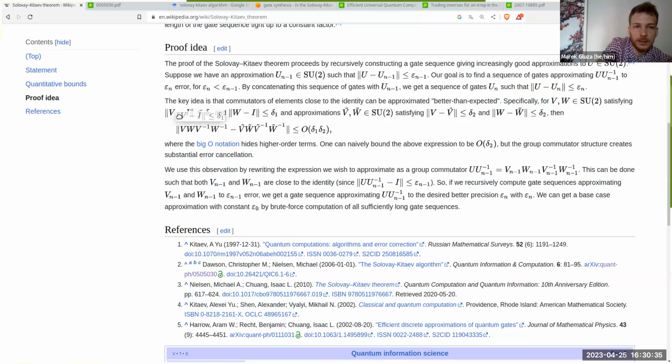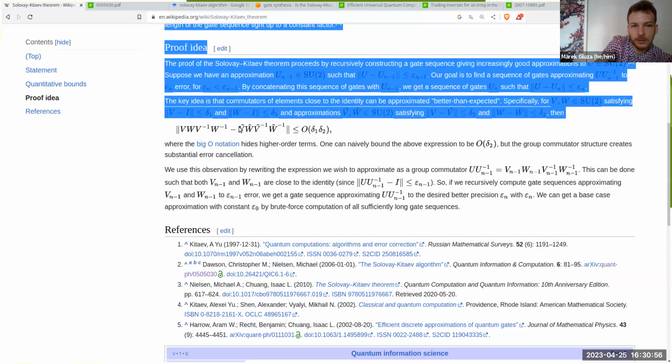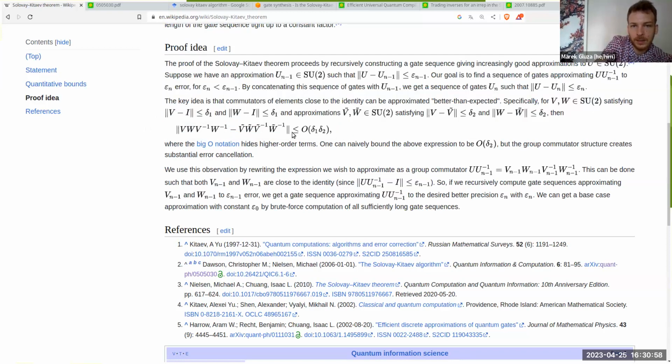And those V and W are away from the identity by some delta. Okay, and if I have some approximations to those operations, then I can look at the group commutator, and the difference of group commutators will be actually smaller. Okay, so let me write down those formulas.